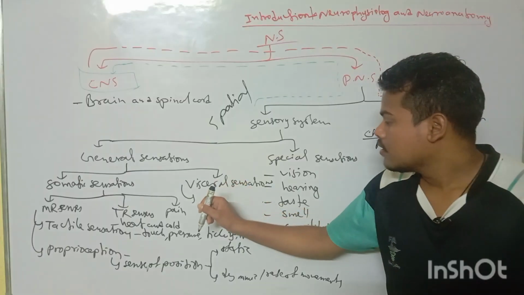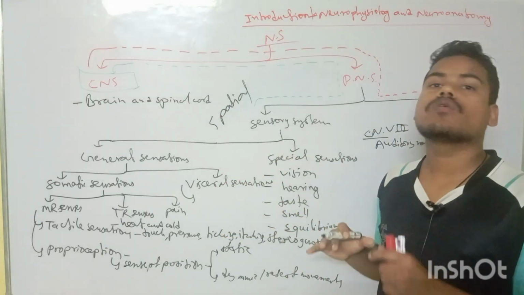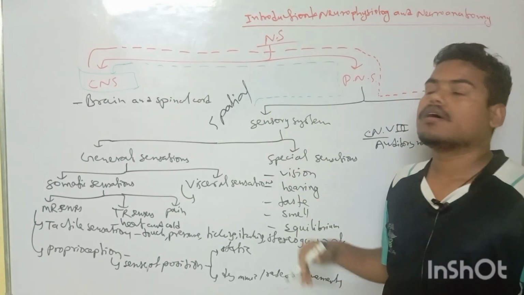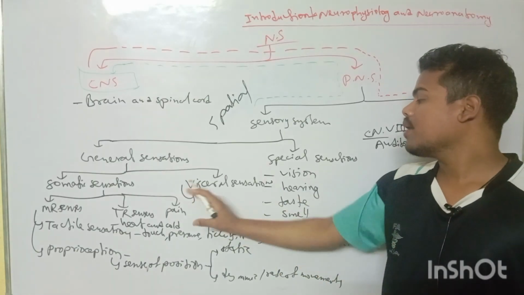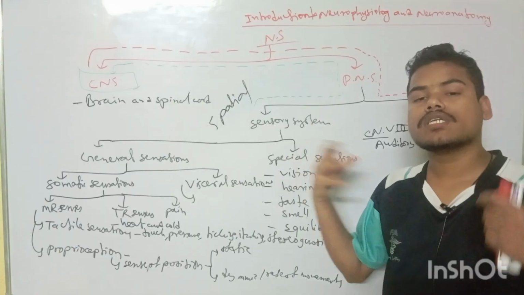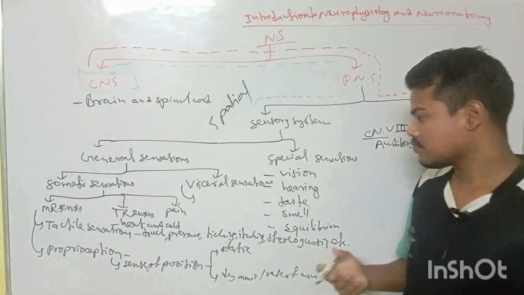These sensations generally reach the lower system or subcortical level, the brainstem, hypothalamus, etc. So most of the time we are not aware of these sensations or these movements or these internal functions.